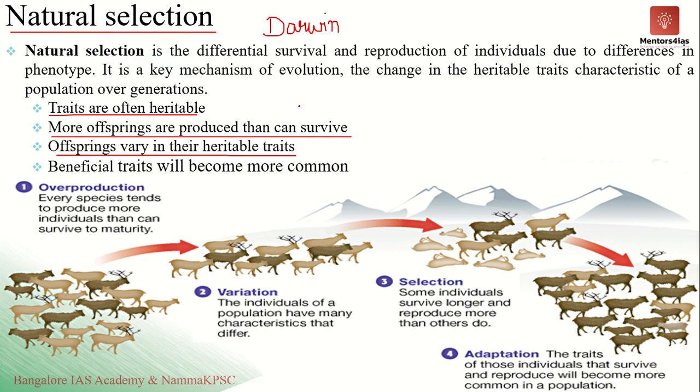Example is the color, size, shape, etc. Finally, we move on to the last point, which says beneficial traits will become more common. So some individuals will have inherited traits that help them to survive and reproduce given the conditions of the environment.